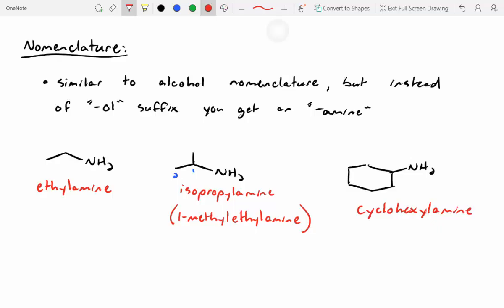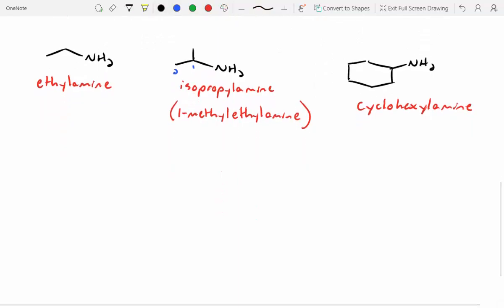So let's do a simple example. Let's do this compound. If we go through and we number it, are we going to go 1, 2, 3, or the other way?